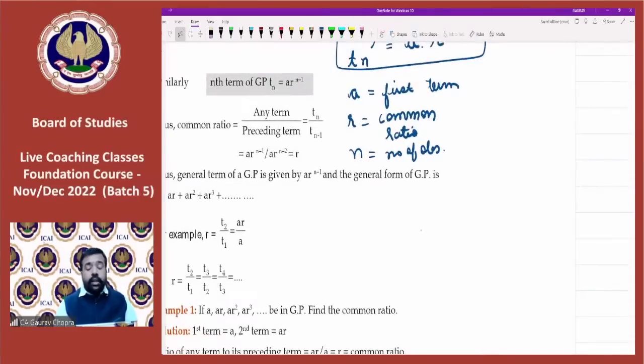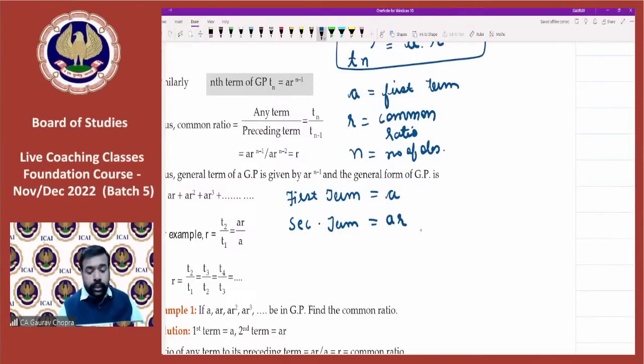Then how does the series normally look? If we say the first term is a, then what will be the second term? We have to multiply it with the common ratio, so a multiplied by r becomes the second term.